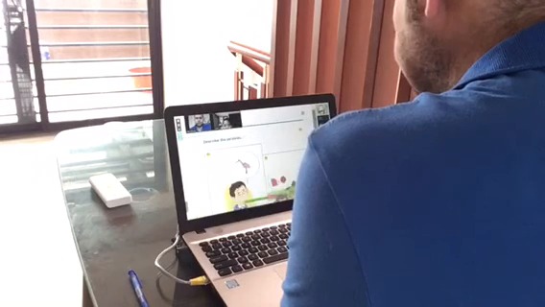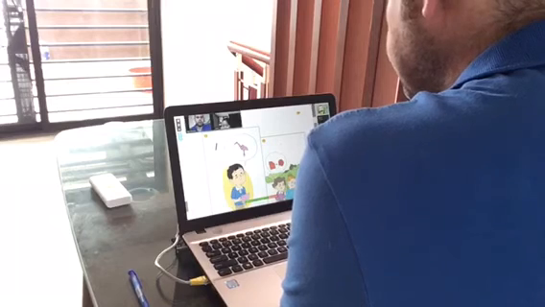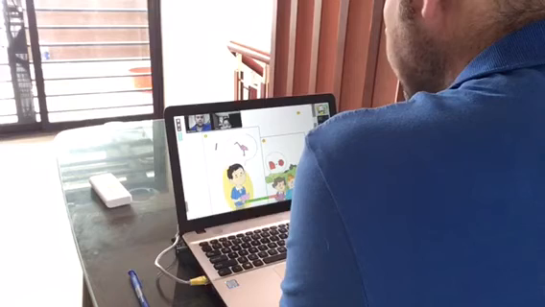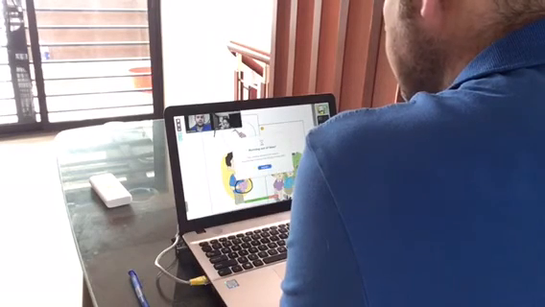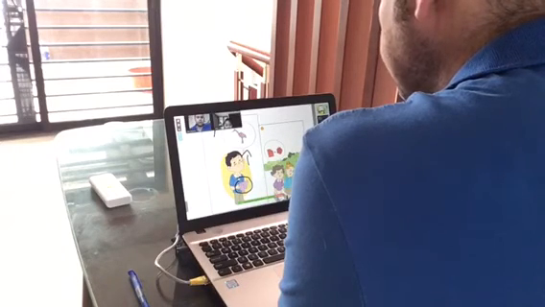Okay. Okay, so what do you see in picture 1, Amy? What is the girl thinking? She's got a piece of paper in her hand, and what does she want to do with the piece of paper?